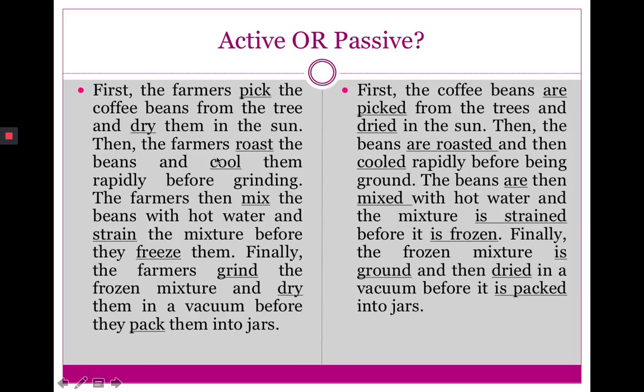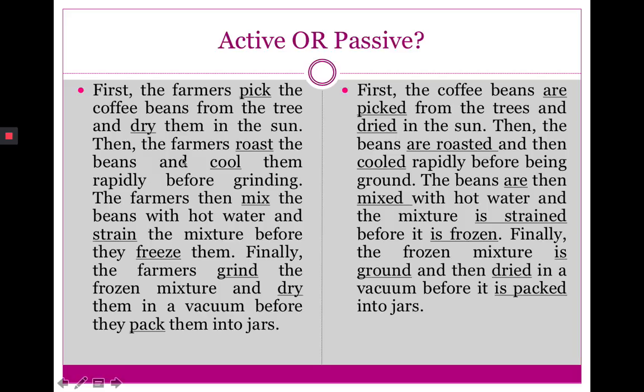Then the farmers roast the beans and cool them rapidly before grinding. The farmers then mix the beans with hot water and strain the mixture before they freeze them. Finally, the farmers grind the frozen mixture and dry them in a vacuum before they pack them into jars, right?